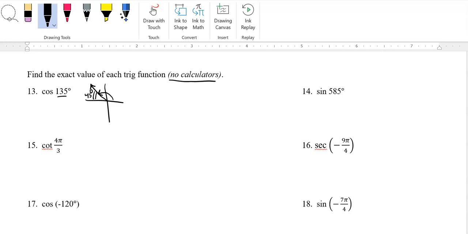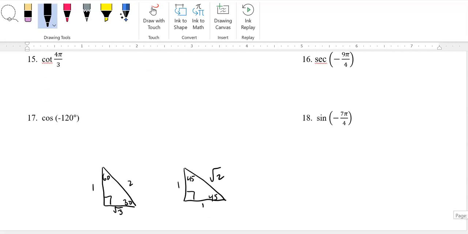The 135 is in quadrant 2. So to put it all together, I want you to answer this by saying, I'm going to find cosine 45 using my special right triangle, remembering that I'm in quadrant 2, so I can make sure I get the plus minus right. All right, so cosine 45, going back to this, you can start with either 45.